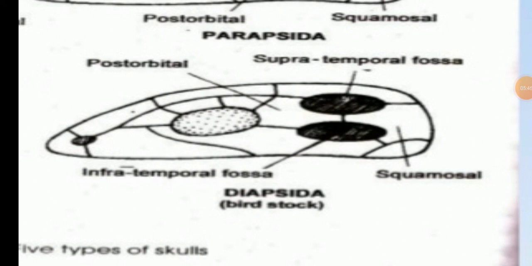As a result, there is a very large cavity formed in the temporal region, which provides a very big gap and helps them open their mouth very widely, because this cavity forms a platform for attachment of the jaw muscles. Okay, so this is about the diapsids.